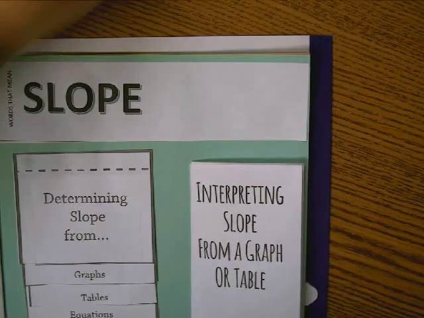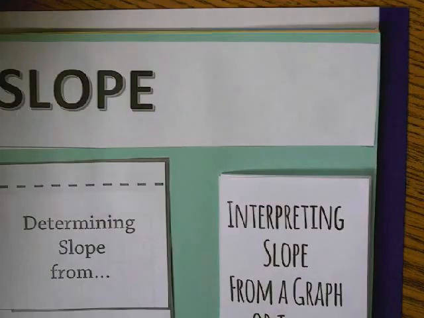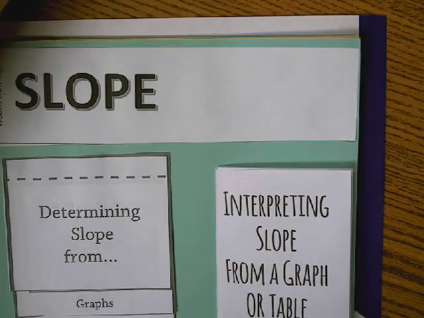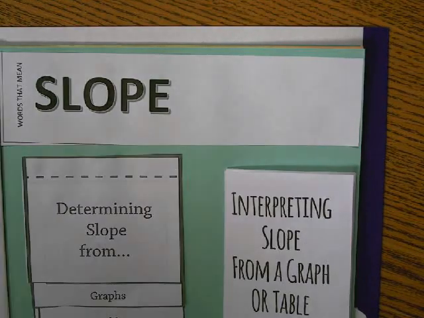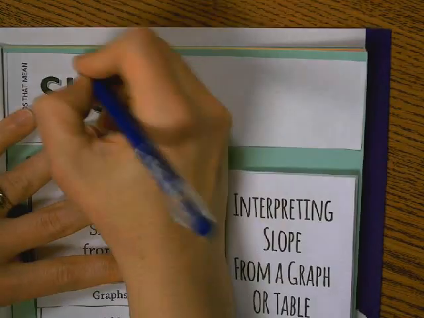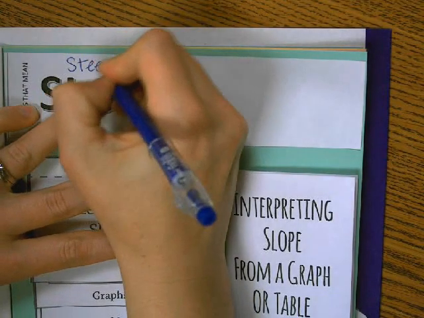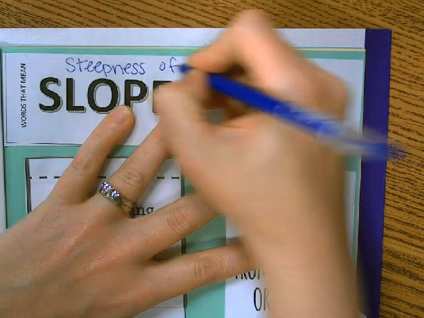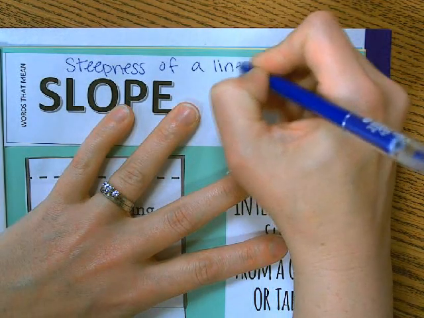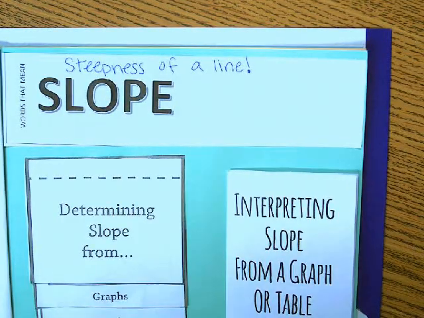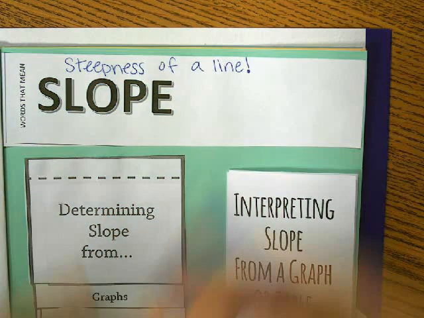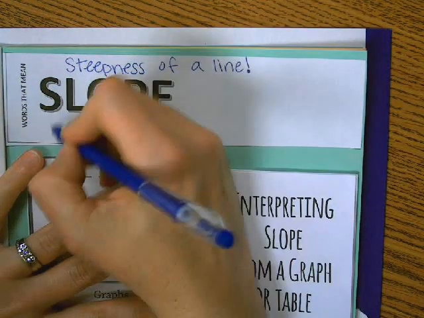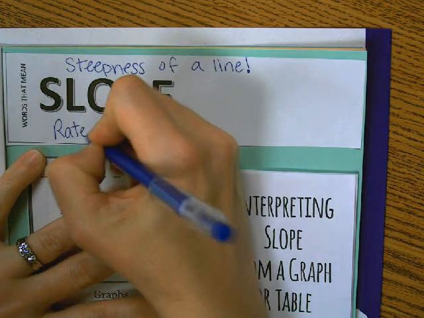We're going to start up here at the top with this slope bookmark, as I called it in the past. Essentially, slope is just the steepness of a line. Slope is just how steep a line actually is. If you remember, it's a rate of change.